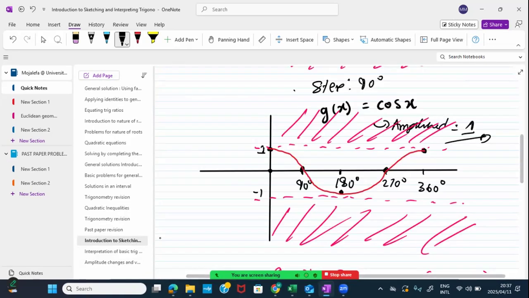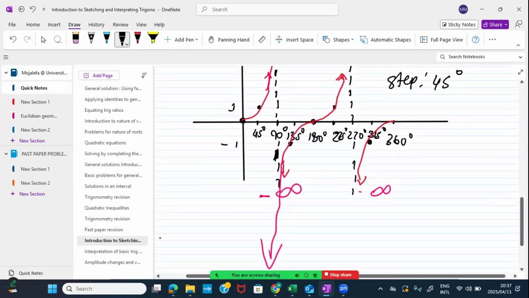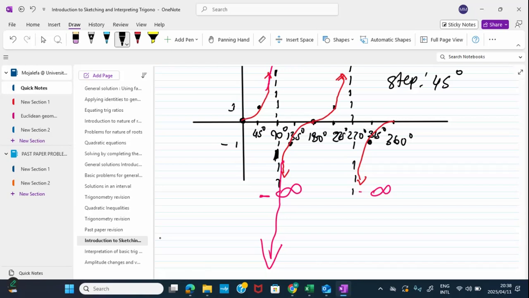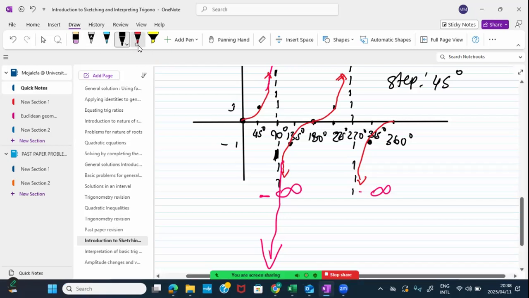Let's now go to the graph of tan x. How many degrees does it take to complete a full cycle? 180. Why is it 180? Because the interval will tell you. In this interval, that's where it completes the full cycle.